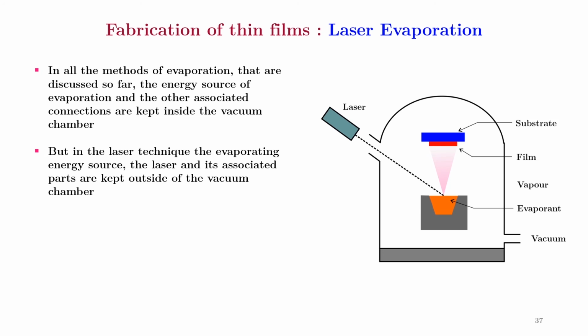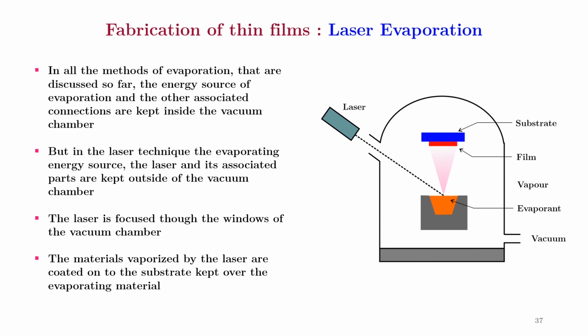As you see in this figure, the instrumentation is more or less the same as we have discussed so far. The only difference is the laser source, which is placed outside the bell jar. The laser is focused through the window of the vacuum chamber. The materials vaporized by the laser are coated onto the substrate kept over the evaporating material.